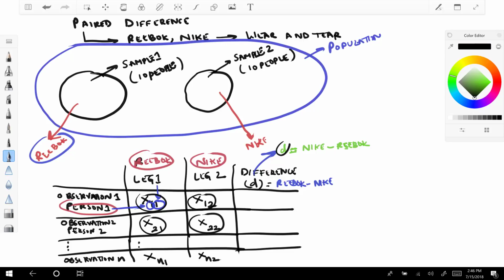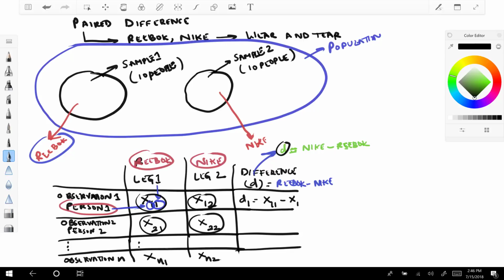Do you take Nike minus Reebok or Reebok minus Nike, because the values will change. It will turn into positive values, and might turn into negative for the other case. So here the difference would be d1. I will define it as d1 for the first observation or first person, which is x11 minus x12.